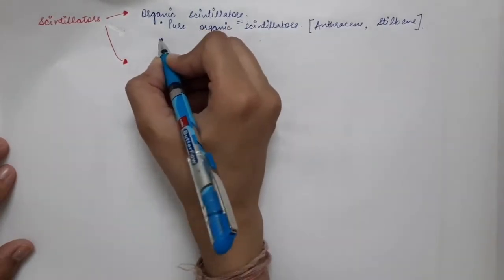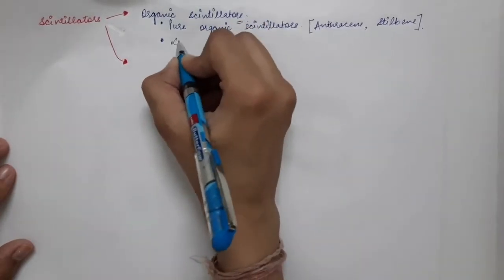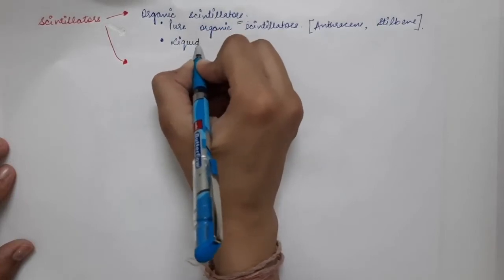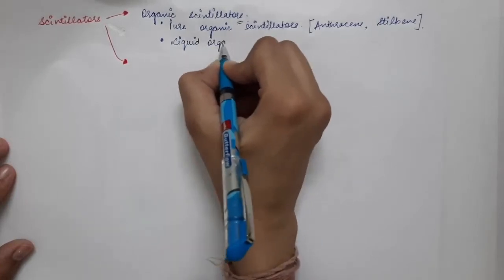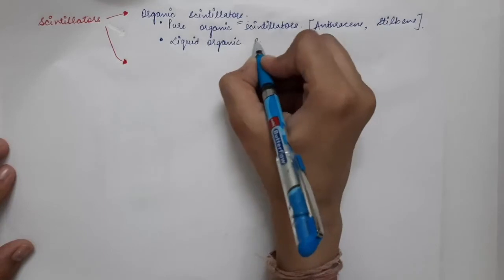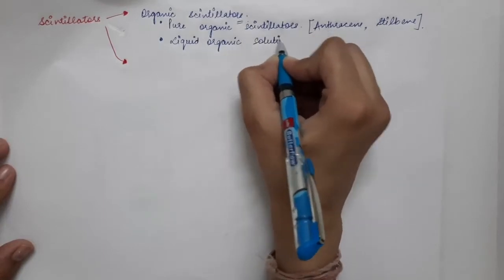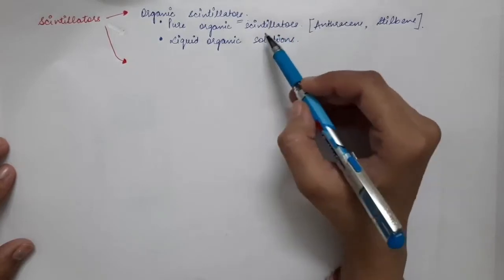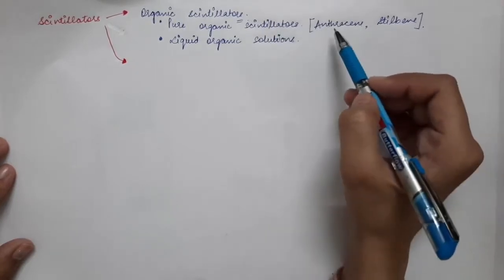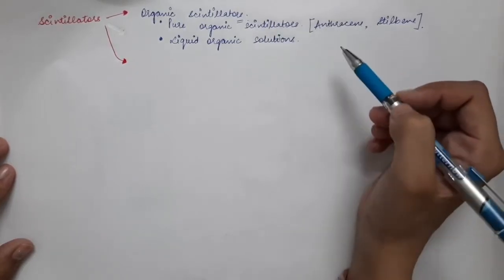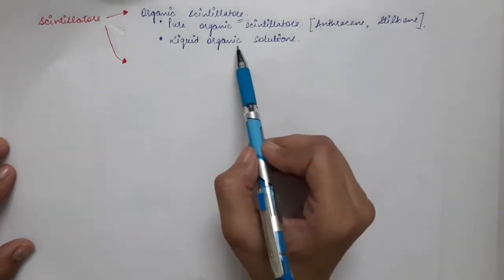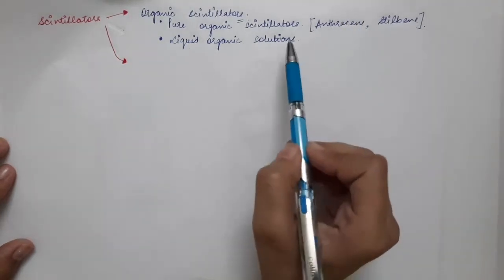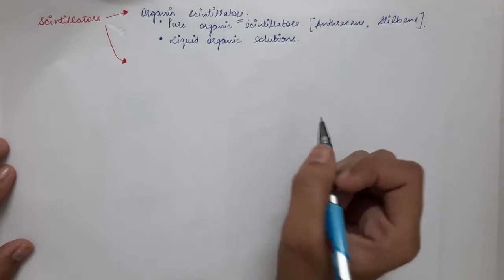The second type is liquid organic solutions. In this case, the pure organic scintillators are dissolved in a suitable solvent and then we obtain liquid organic solutions which work as scintillators.